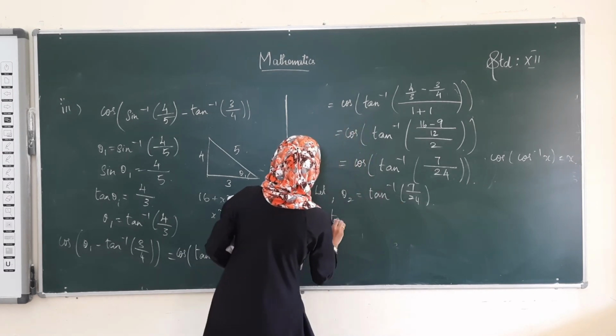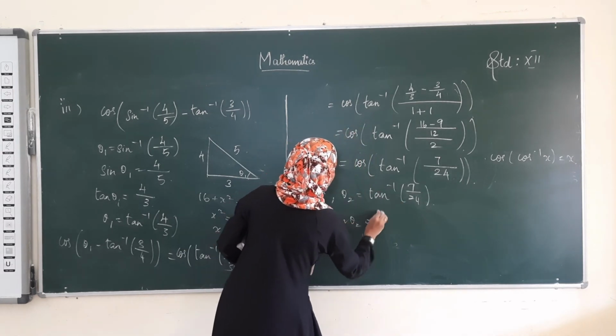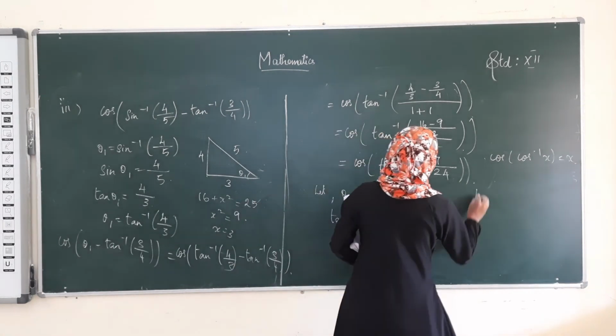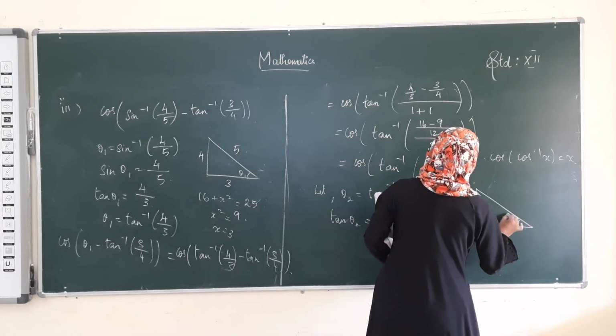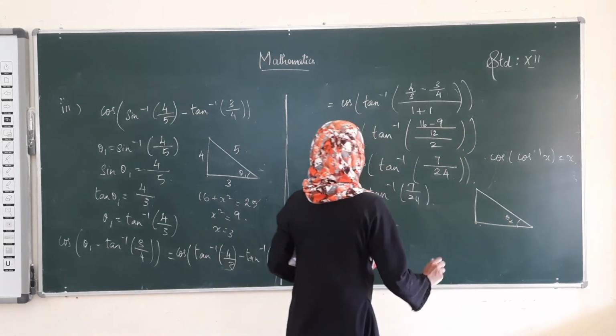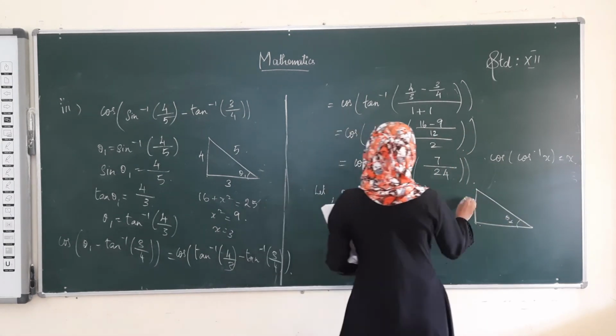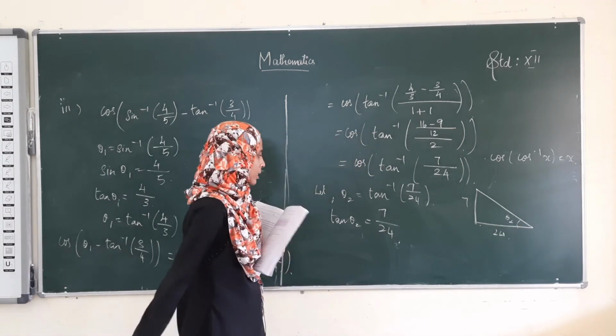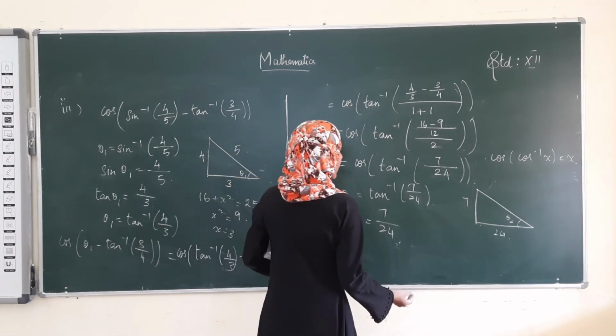Then tan theta 2 is equal to 7 by 24. Draw the right angle triangle. This is theta 2. Here, tan theta 2 is equal to 7 by 24. So we have to know this.